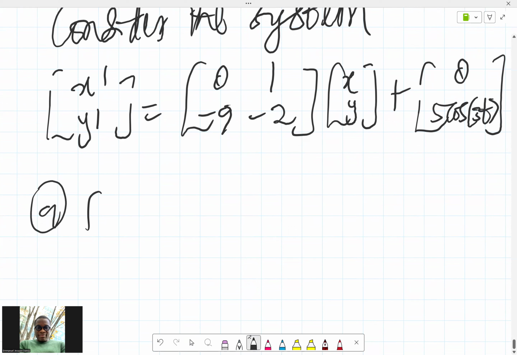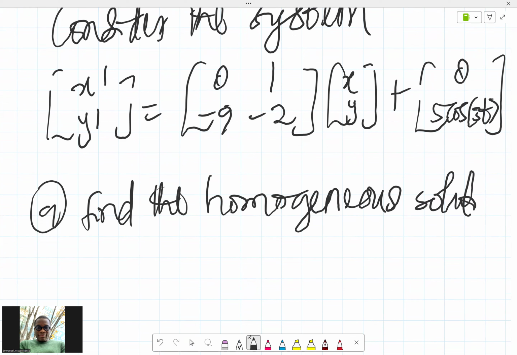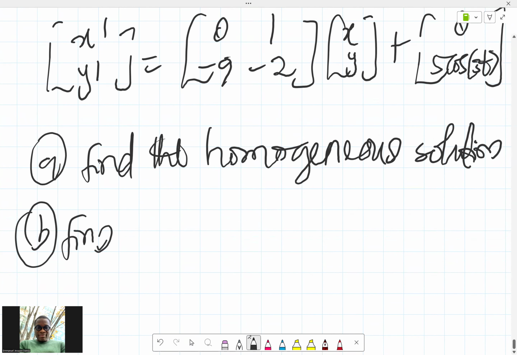So A, find the homogeneous solution. That's A.